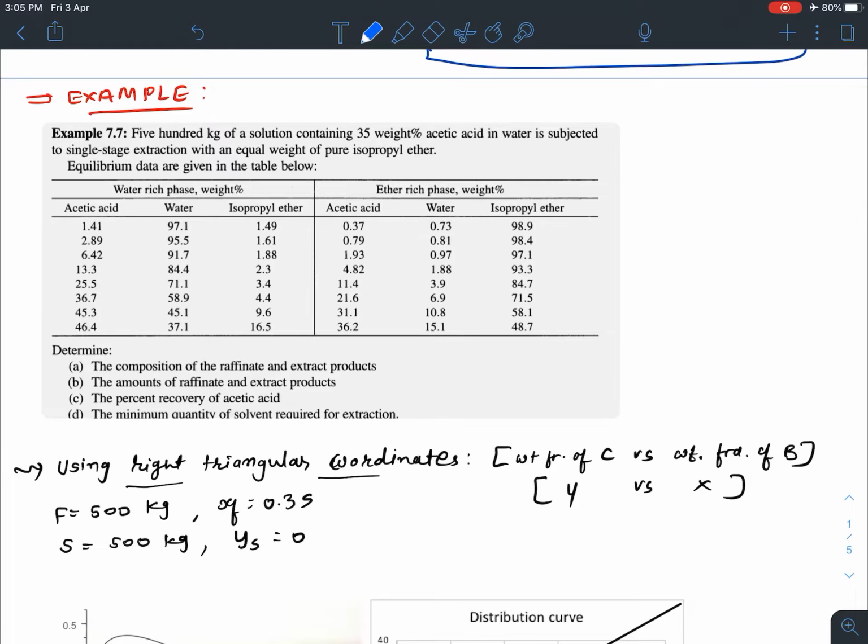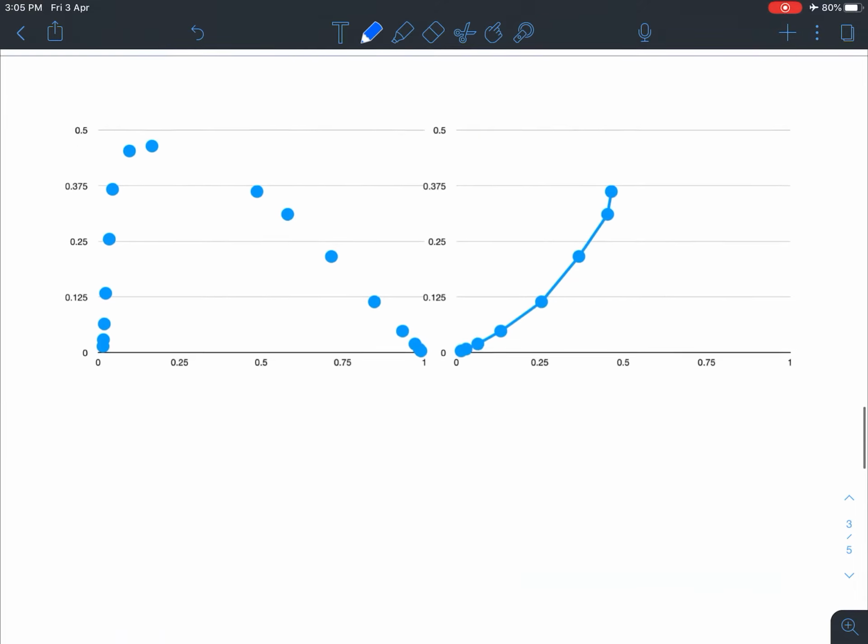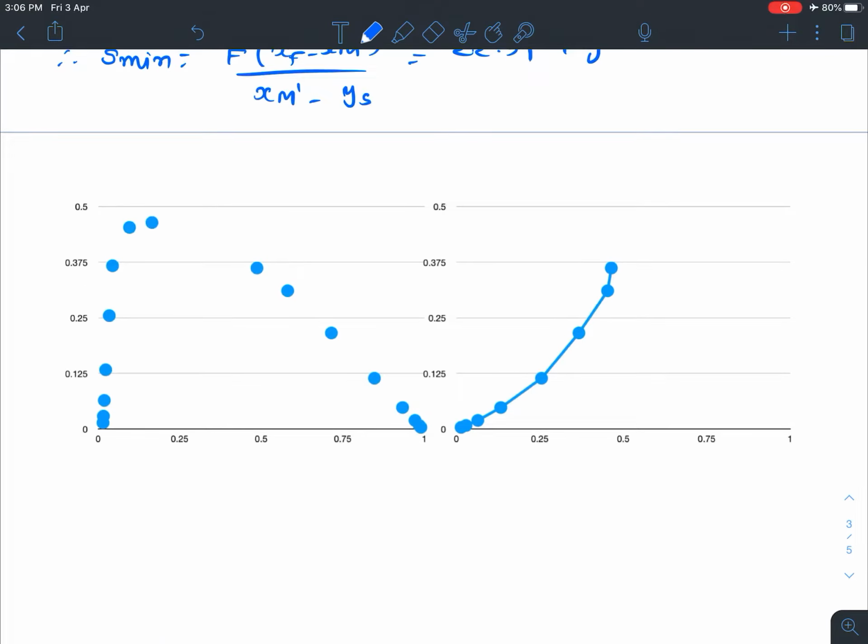What is the next step? We'll go step by step. This is a similar graph that I have taken from that sheet. I'll draw the binodal curve, and here we have to draw the diagonal: 0.25, 0.25, 0.5, 0.5.